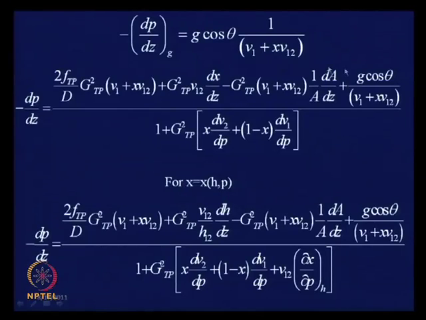Agreed? Now, once we know how to define FTP, all the expressions in this pressure drop expression we know, and therefore we are now in a position to find out the pressure gradient for two phase mixture under homogeneous flow conditions.